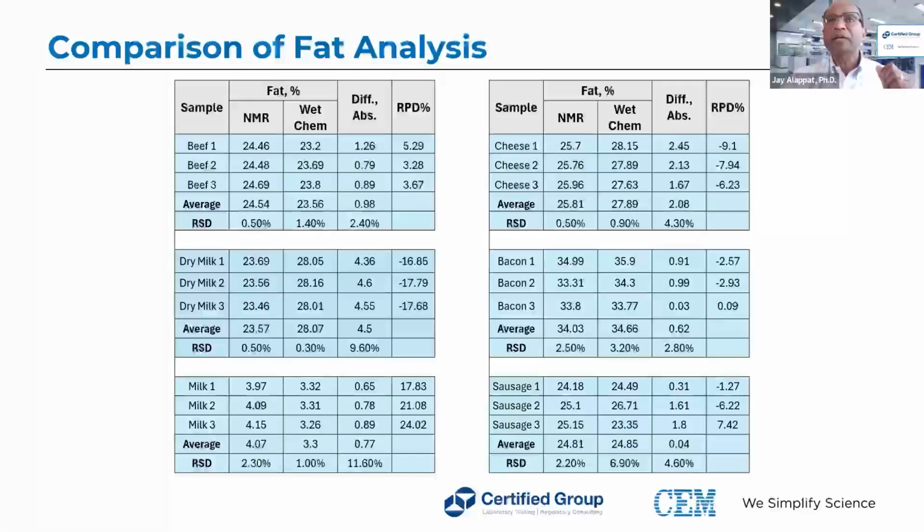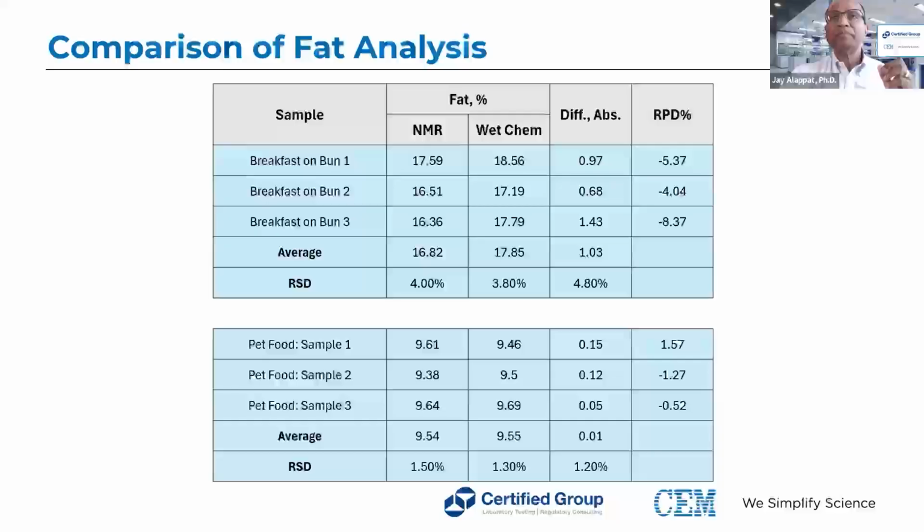Next slide, please. This slide expands on the previous slides with additional products, including breakfast sandwiches as well as pet food. Again, the agreement between the methods is really high, and for pet food especially, the average difference is essentially negligible. This is important because, as I mentioned before, pet food represents one of the fastest growing analytical markets.